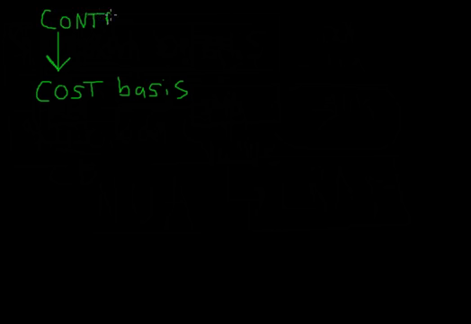Any money that you put in, the money you buy with, that's called your cost basis. That is money contributed in order to purchase. So your contributions become your cost basis.